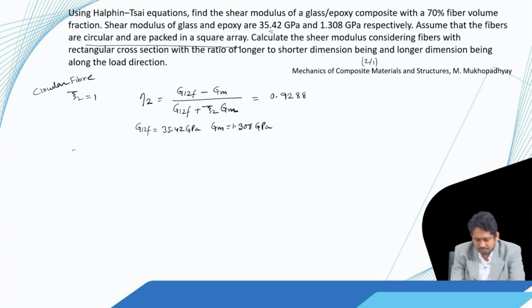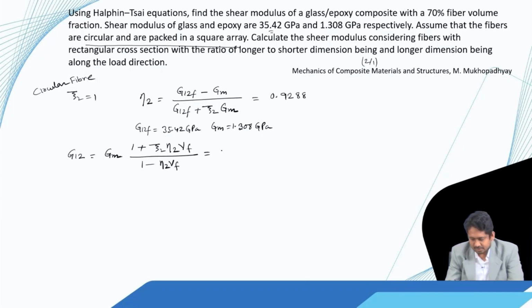Now, with that eta 2 we will find out G 12, with this expression: G m multiplied by a fraction with the numerator as 1 plus xi 2 multiplied by eta 2 multiplied by V f, divided by 1 minus eta 2 multiplied by V f. That gives us the value as 6.169 gigapascal.